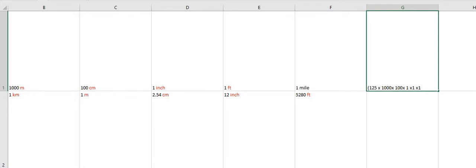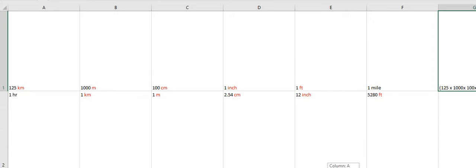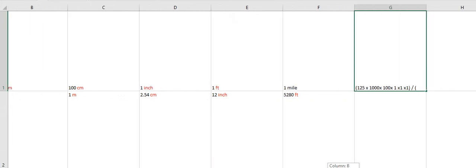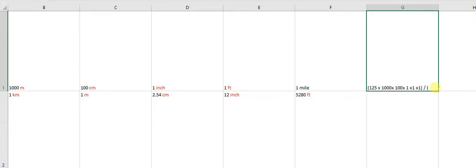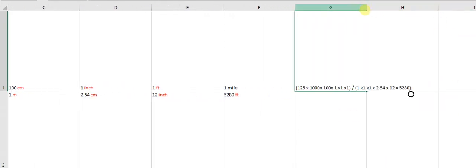And then you would need to close your parenthesis prior to doing your division, which you would then reopen a parenthesis for your bottom line, which is 1 times 1 times 1 times 2.54, and so on and so forth. So you'd have 1 times 1 times 1 times 2.54 times 12 times 5,280, close parenthesis. We're going to extend that out for you just a little bit so you can see that.